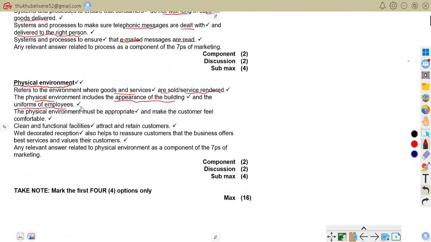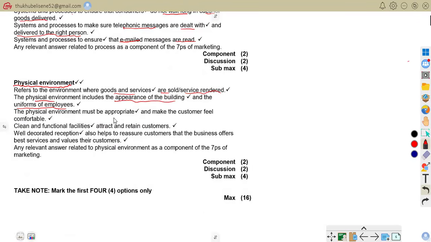Good-looking staff can attract customers to come and do business with such an enterprise that has nice uniforms. The buildings should be okay, not looking old or having cracks. So it's very important to make the environment look good.